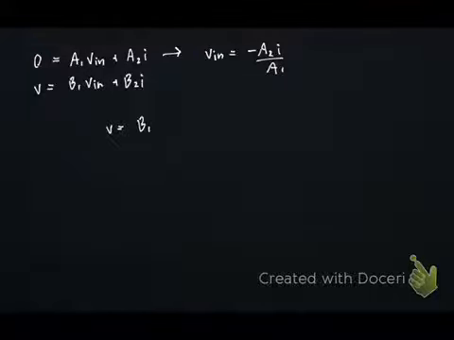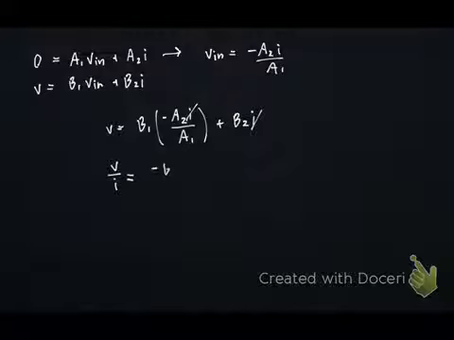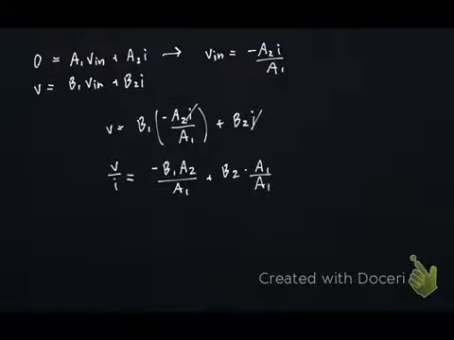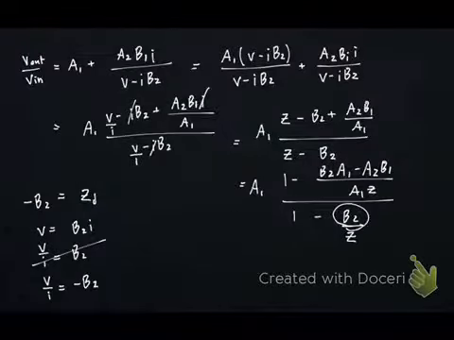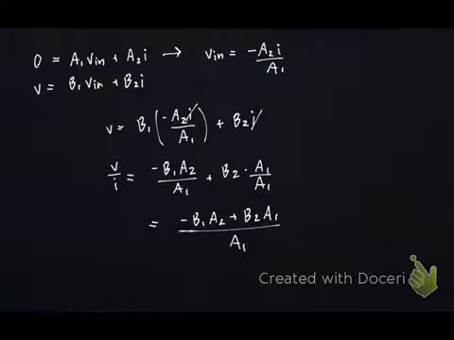V equals B1 times negative A2I over A1 plus B2I, or if we divide everything by I, V over I equals negative B1 A2 over A1 plus B2. Multiply this by A1 over A1, and we get negative B1 A2 plus B2 A1 over A1. And that is indeed the term that we are looking for.